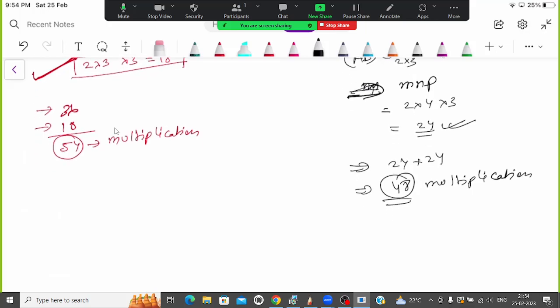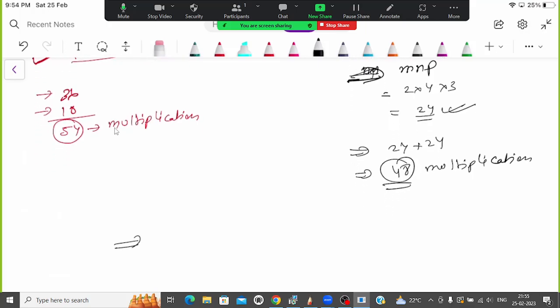Suppose examiner asking you minimum number of multiplication. So minimum number of multiplication will be 48, because maximum number of multiplication is 54, minimum number of multiplication is 48.